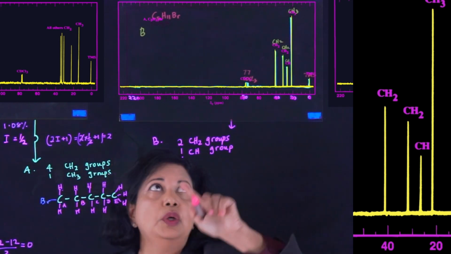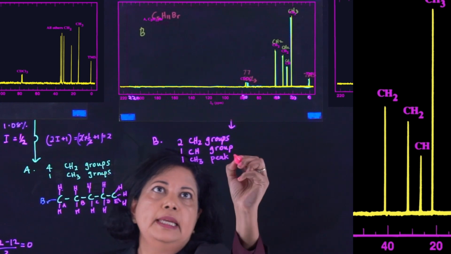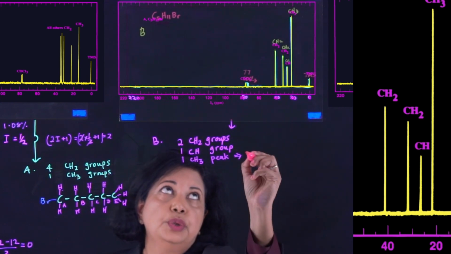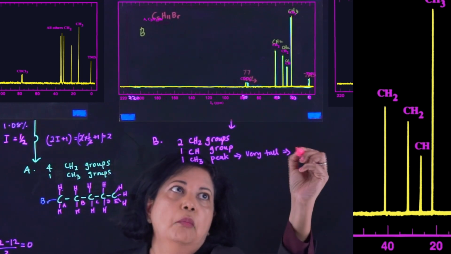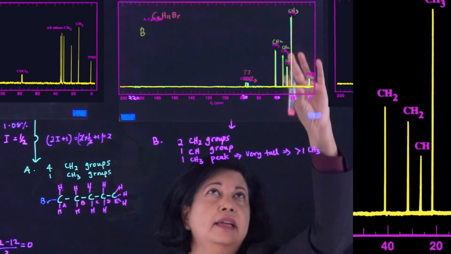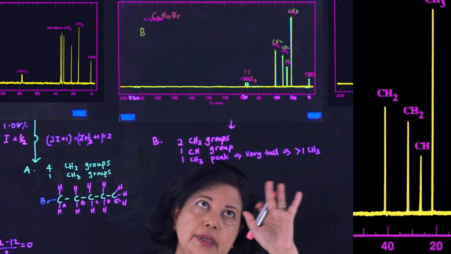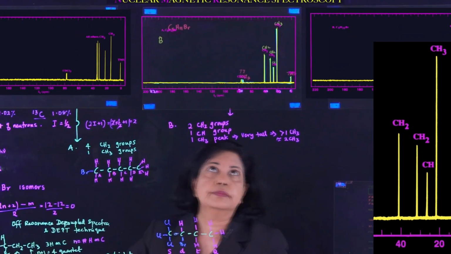So there's only one CH3 peak, but it probably has two methyl groups, very tall. So it would have more than one CH3 in it, probably about two when you estimate. I would say two CH3 groups.